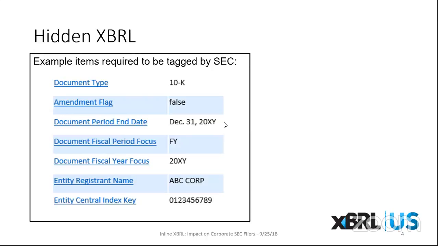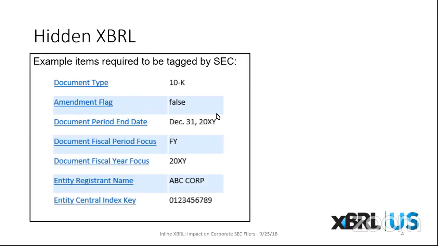What you have to do is look in the inline XBRL viewer in a specific place. You have to know where to look, but there's a place for hidden XBRL facts. And that's how you see what is there that is hidden. Later, Jarrett will show us more about the SEC inline viewer. So I'll leave that knowing that there is a place in the viewer that you can see these hidden XBRL items.